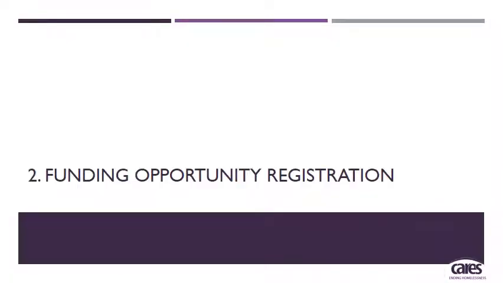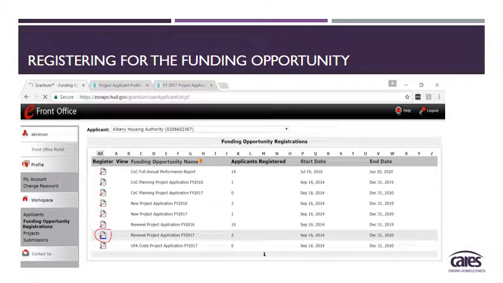Once you've completed your applicant profile, the next step is to register for funding. This essentially is telling HUD your intention to apply for COC funds. In order to register for funding, you'll need to select the Funding Opportunity Registrations tab underneath the workspace on the left-hand menu.